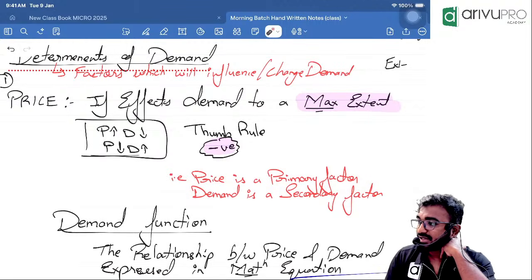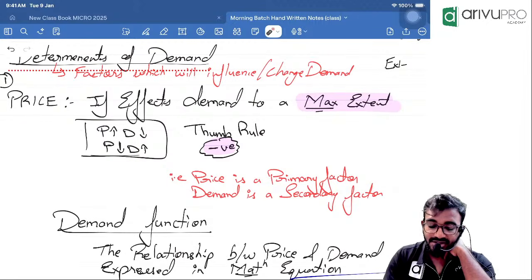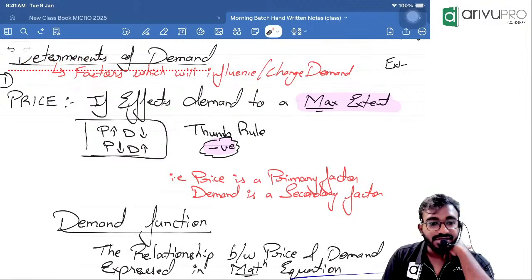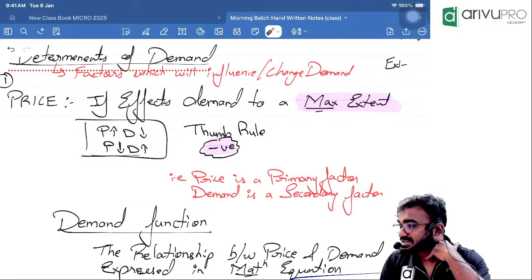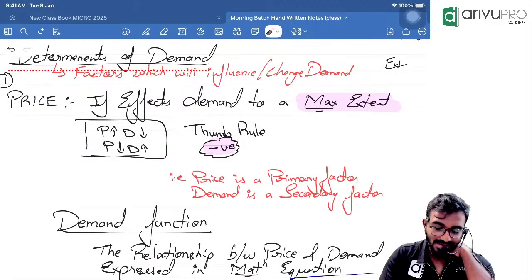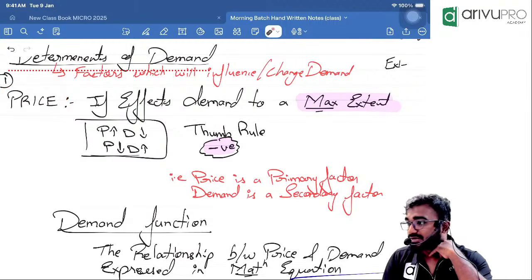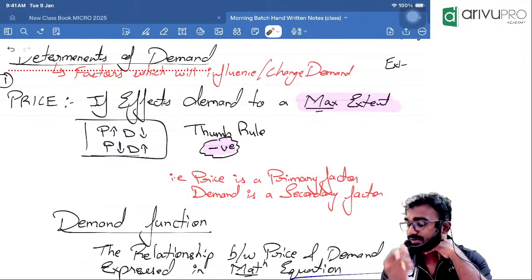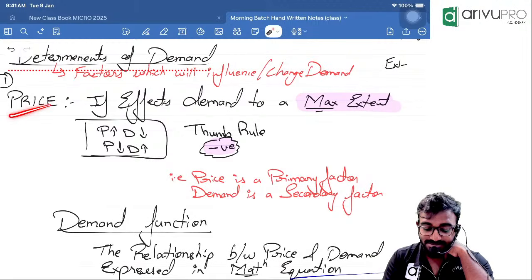Can you explain determinants of demand? See, determinants refers to factors. Like this, still more factors are there. Okay, Asmina. So the first one is the price element. Whenever there are changes in factors, demand may go up or come down. That is called determinants. So the first one we explained is price.